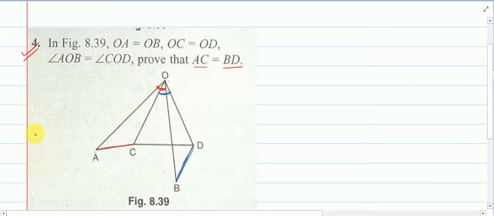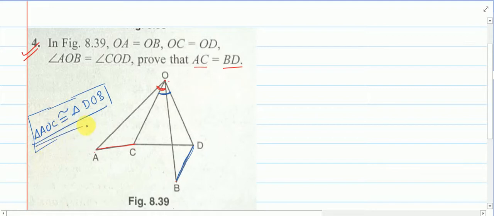So we will try to show that triangle AOC is congruent to triangle DOB, and once we have proved this, then by corresponding parts of congruent triangles, we can say that AC is equal to BD. So let us see the solution.